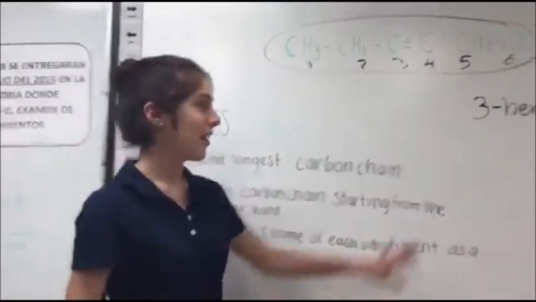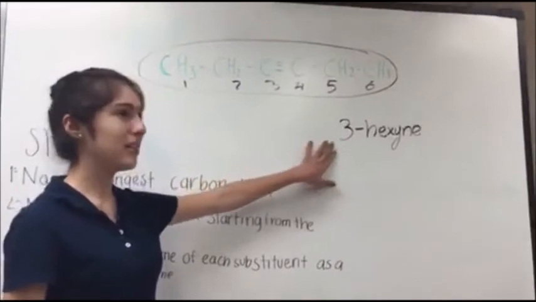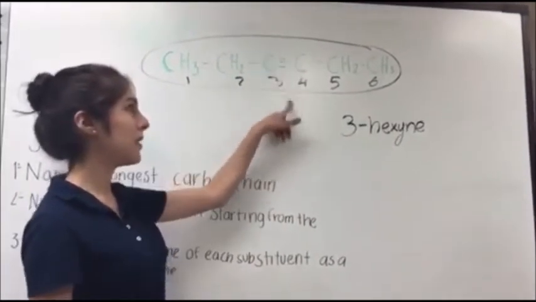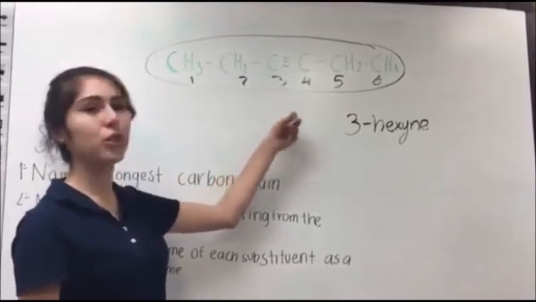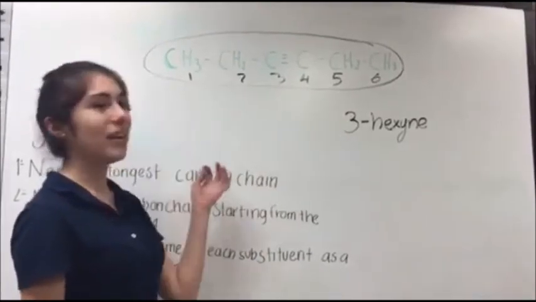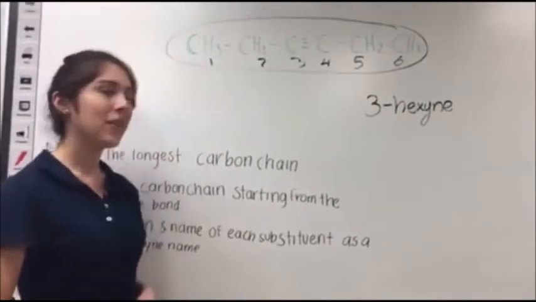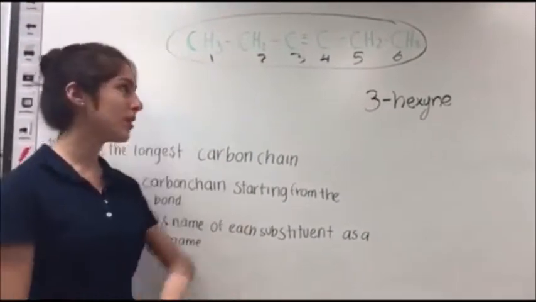You got this number 3 because this number has to be the one where the triple bond stands, and it could be 3 or 4, but you have to choose the lowest.